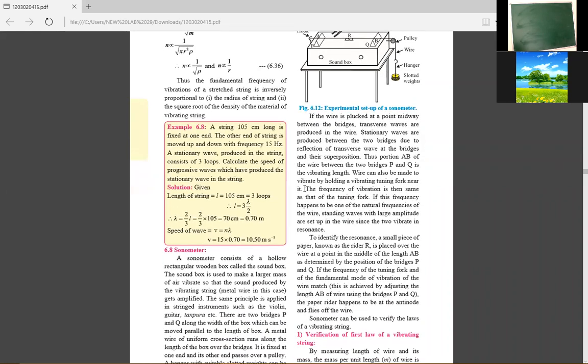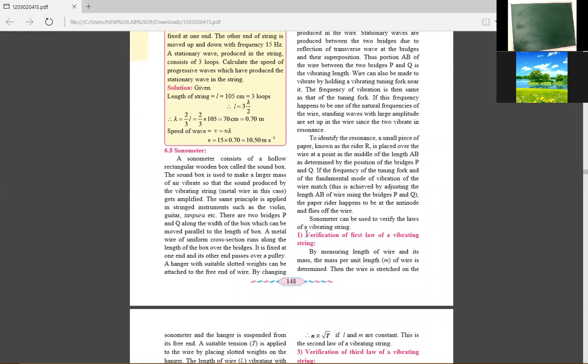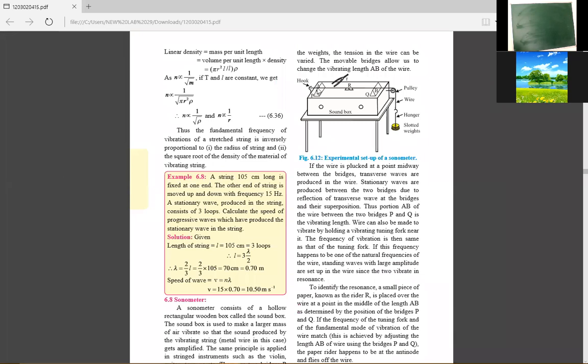So first, to verify the first law of vibrating string. First law में हमें क्या करना होता है? We have to keep changing this length and we have to keep constant tension and mass per unit length. तो दो चीजें कांस्टेंट रखनी हैं. One is tension.